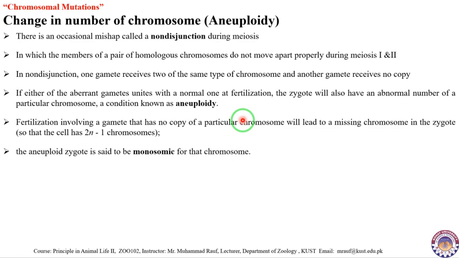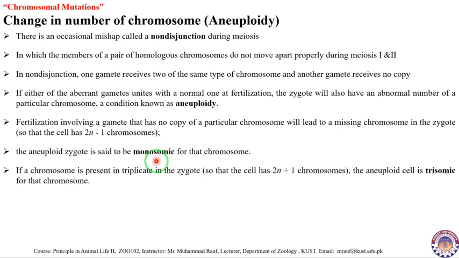The aneuploid zygote is monosomic if it is lacking one chromosome from its normal number, meaning if its chromosome complement is 45, just like we have in Turner syndrome. If a chromosome is present in triplicate in the zygote, so that the cell has 2n+1 chromosomes, the aneuploid cell is called trisomic.